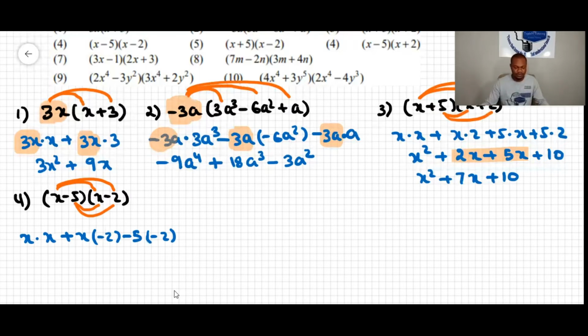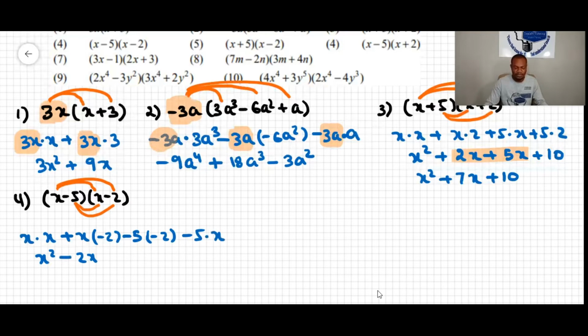Okay. So this will be x squared minus 2x. I missed one. -5 times x. So this will be negative.